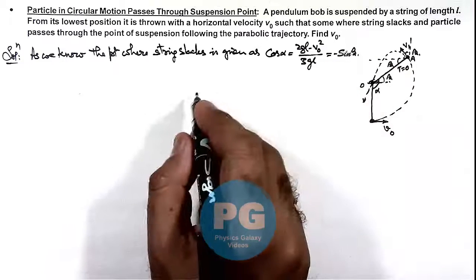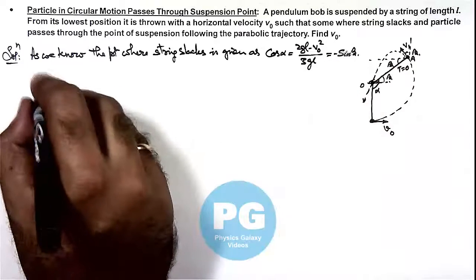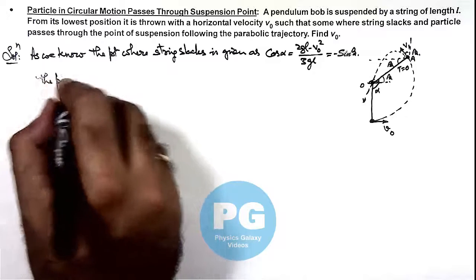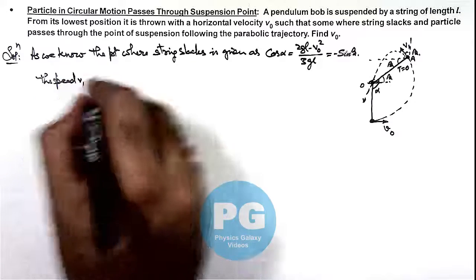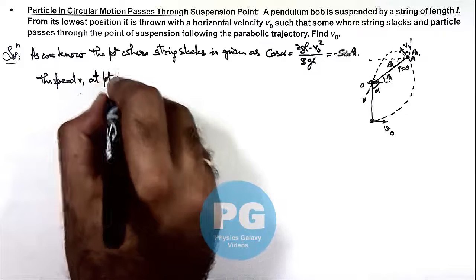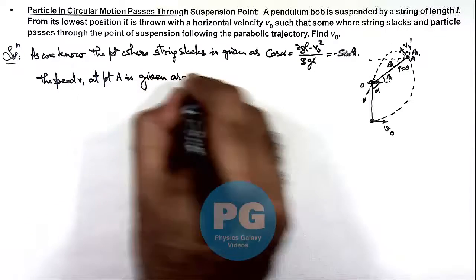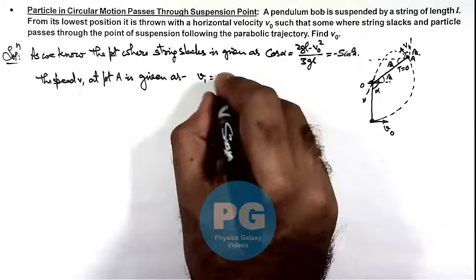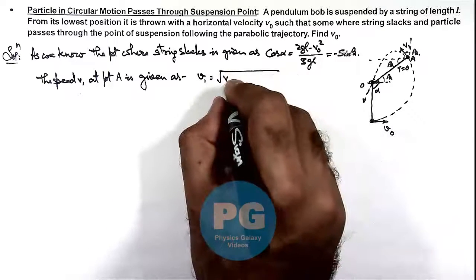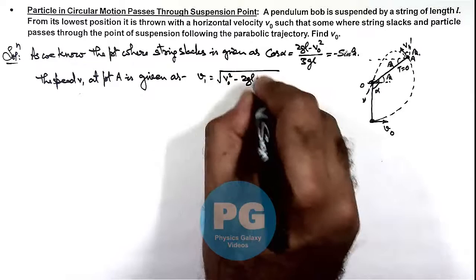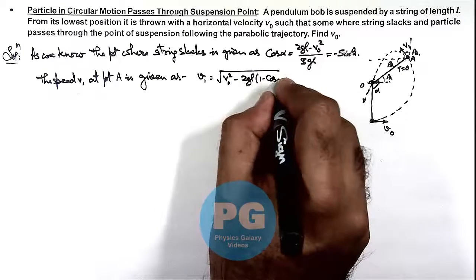So in this situation, the speed v1 at point A is given as root of v0 square minus 2gL(1 minus cos alpha).